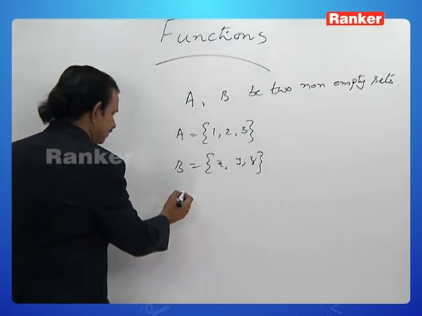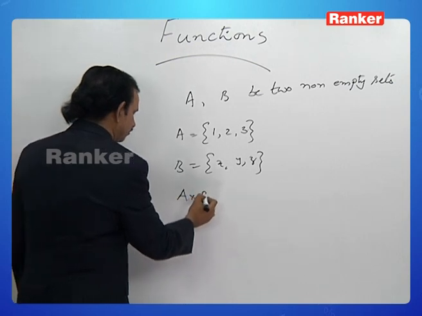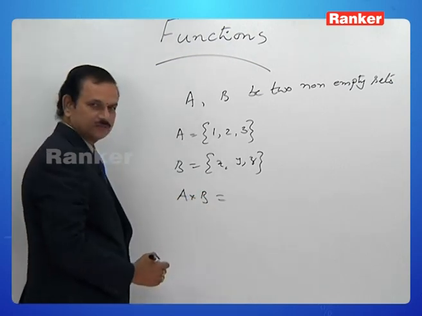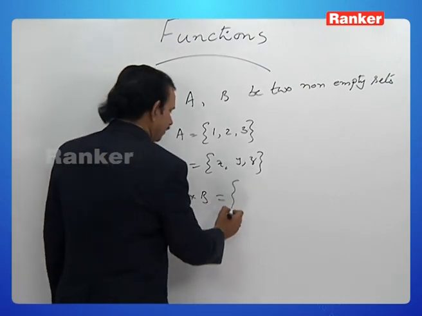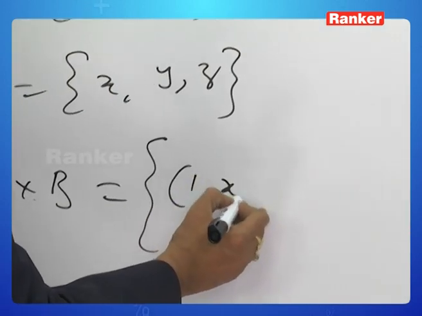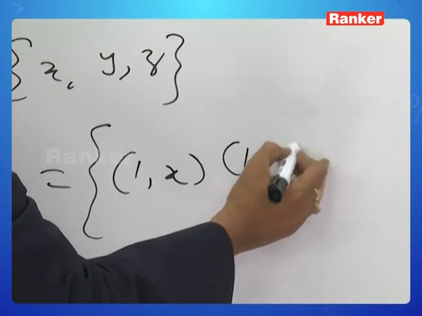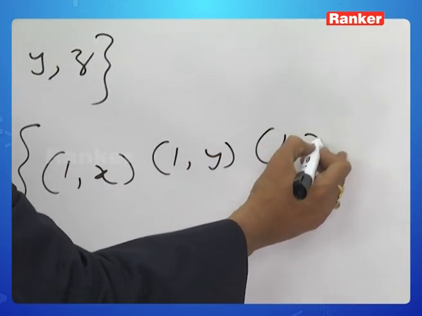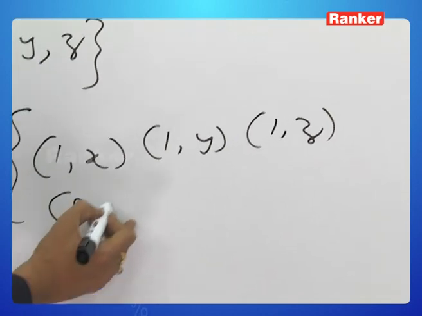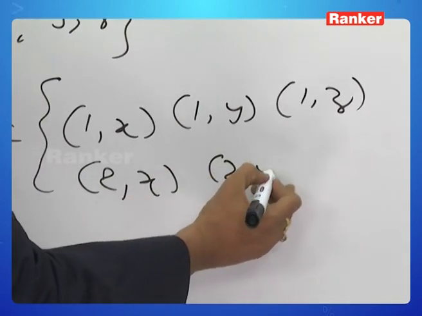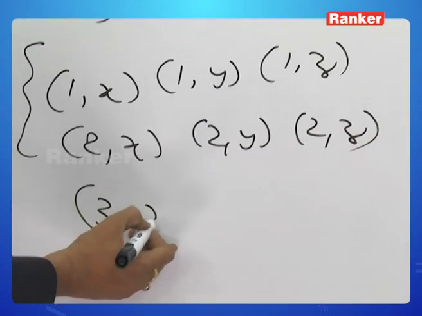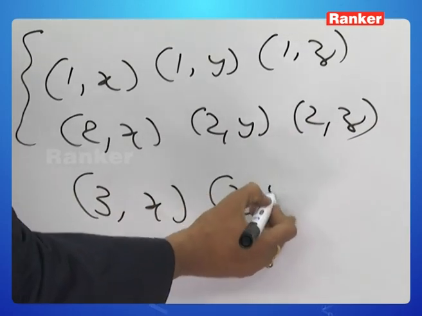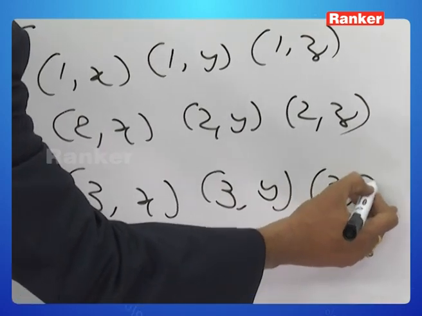From the earlier algebra, everybody knows what A cross B is. It is the Cartesian product of A and B, which is supposed to contain ordered pairs of the form 1x, 1y, 1z, 2x, 2y, 2z, 3x, 3y and 3z.